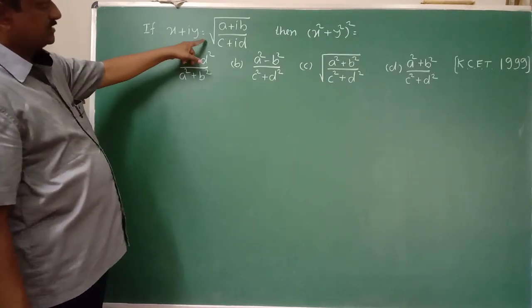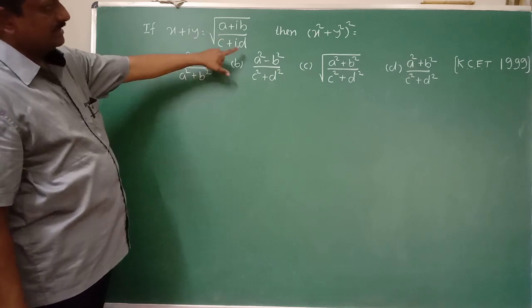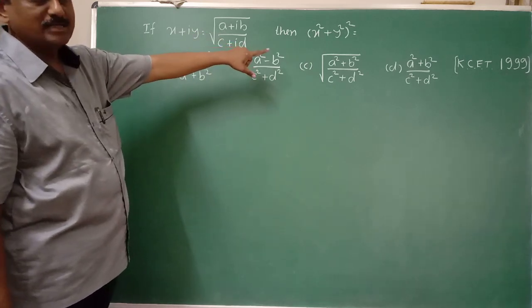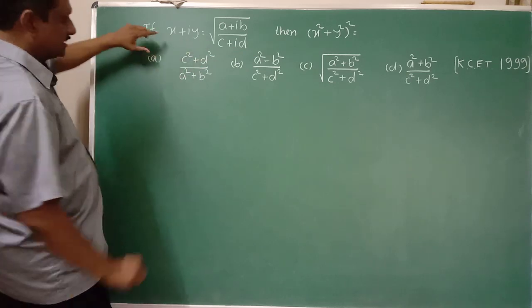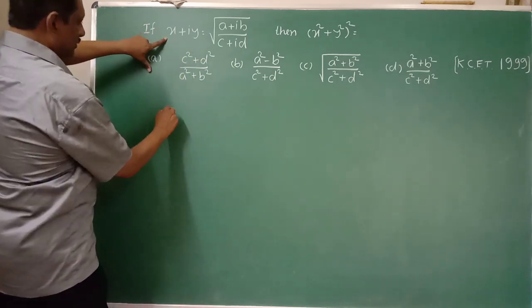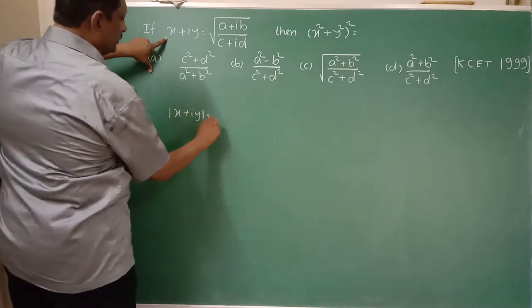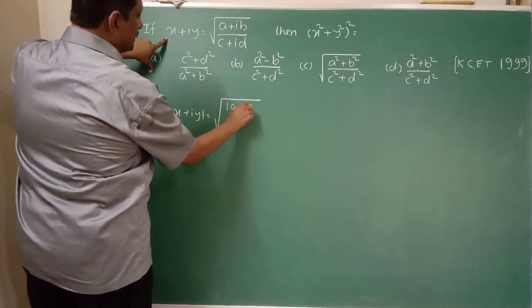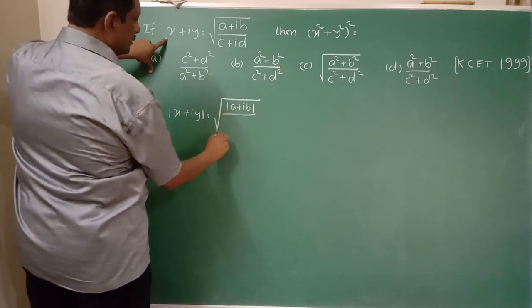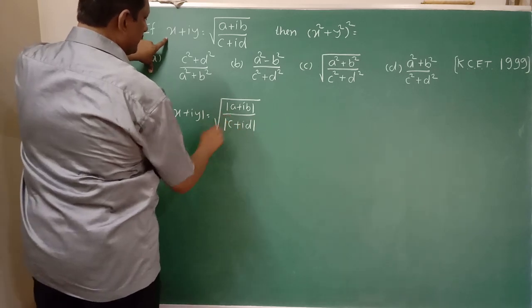Here x plus iy is equal to root of (a plus ib) divided by (c plus id). Then what is (x square plus y square) whole square? Now taking modulus on both sides: modulus of x plus i into y is equal to root of modulus of a plus i into b divided by modulus of c plus i into d.